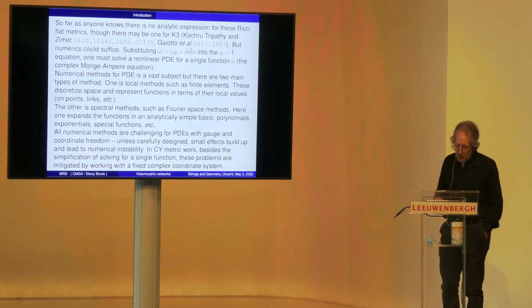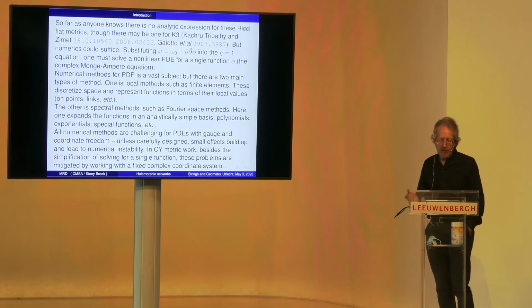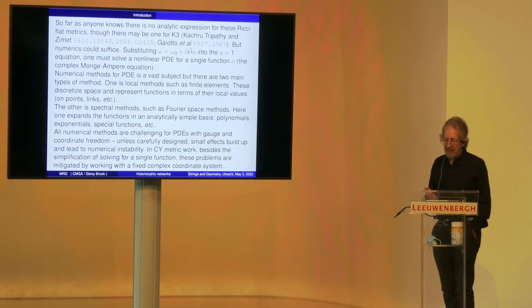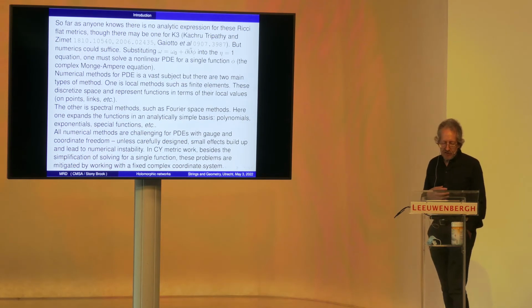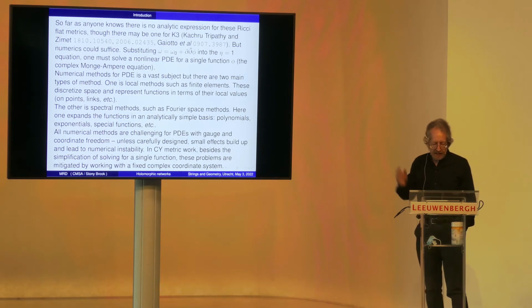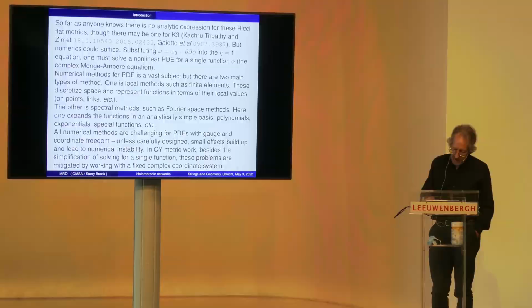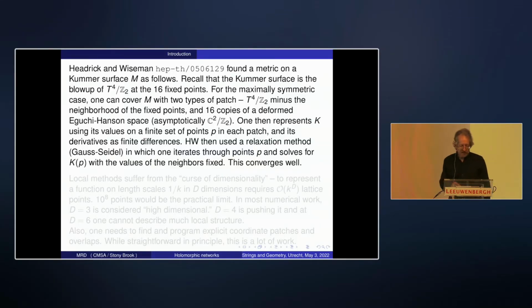I'm going to lump what we're talking about into spectral methods, where you expand your function in some sort of nice basis. The name comes if you expand it either in a Fourier basis or in a basis of low-lying eigenfunctions of the Laplacian. Okay, and then there are many intricacies that come in numerical general relativity, which fortunately we'll be able to skip, for reasons worth discussing, but you can ask in the questions.